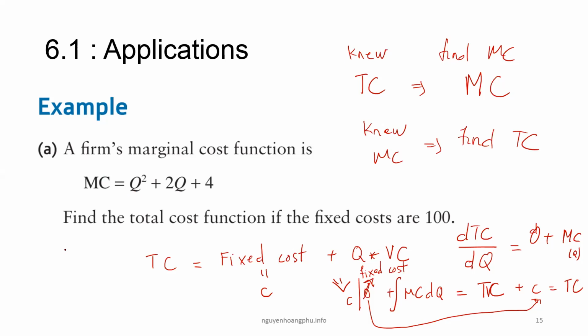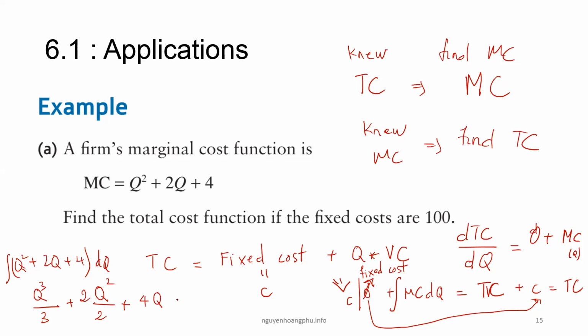So here we will have the integral of (q square plus 2q plus 4) dq, so it's going to be q cubed divided by 3 plus 2q square divided by 2 plus 4q, right?